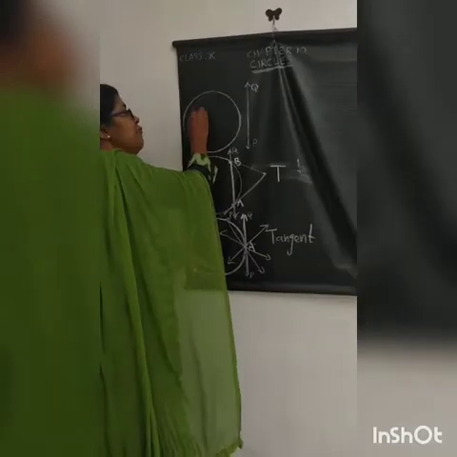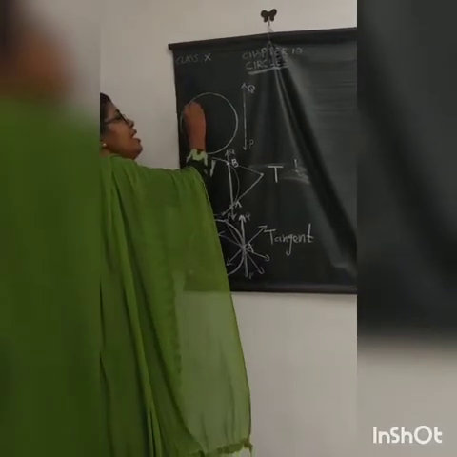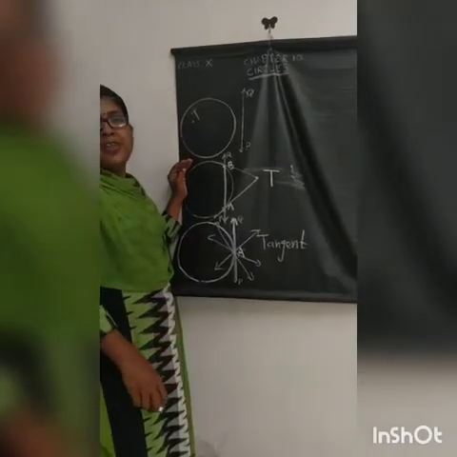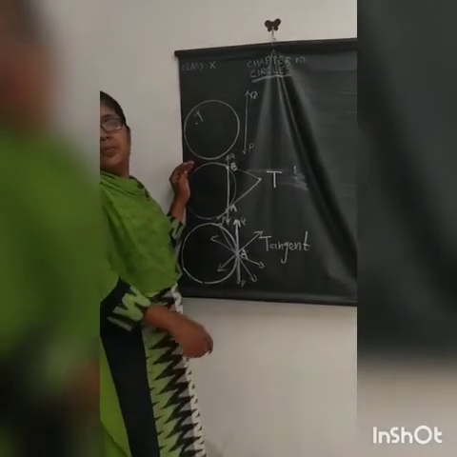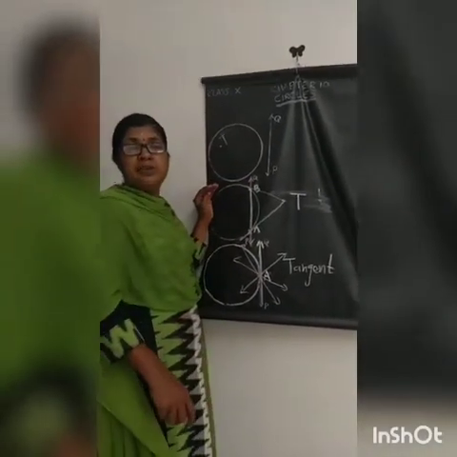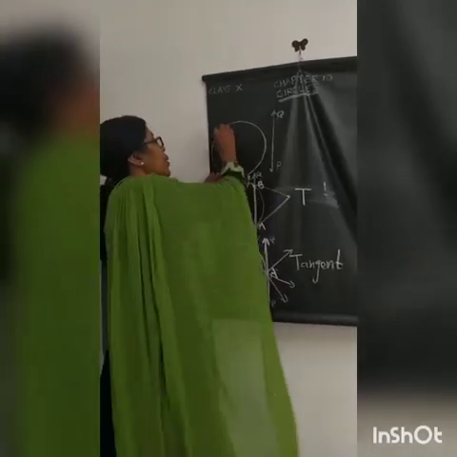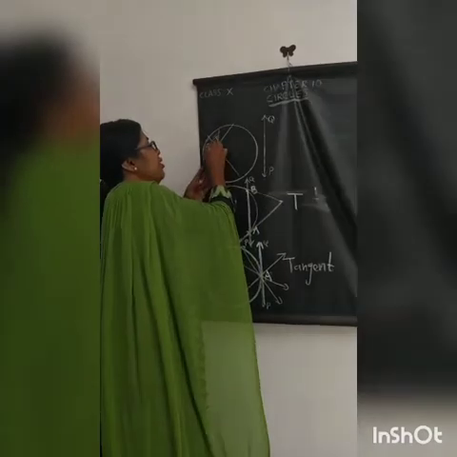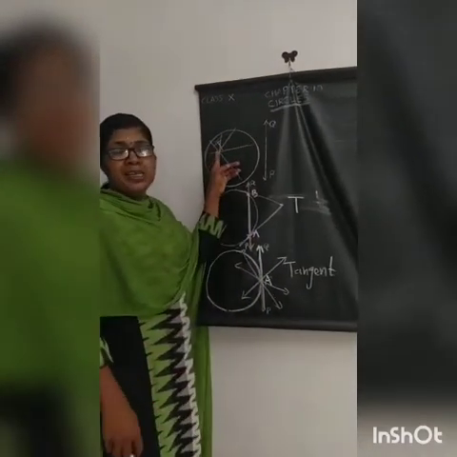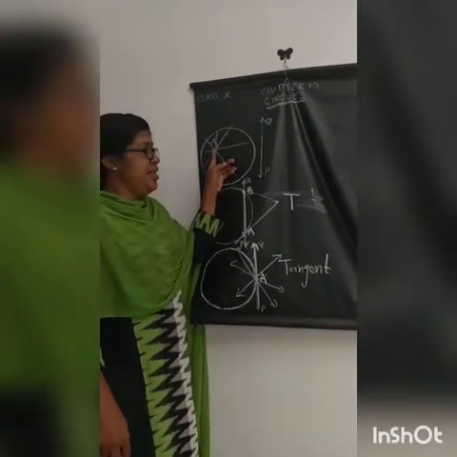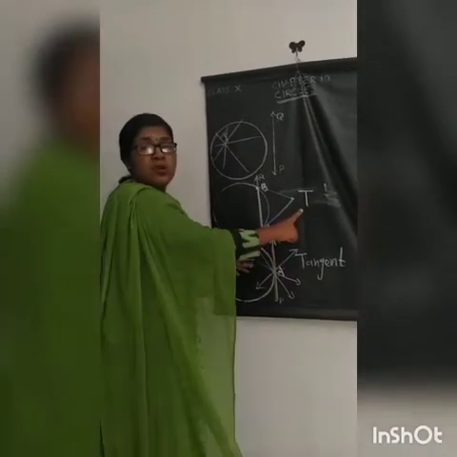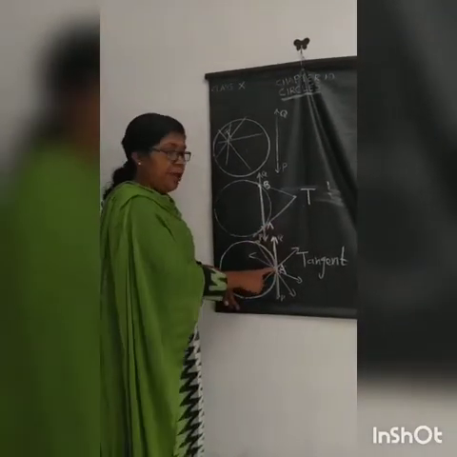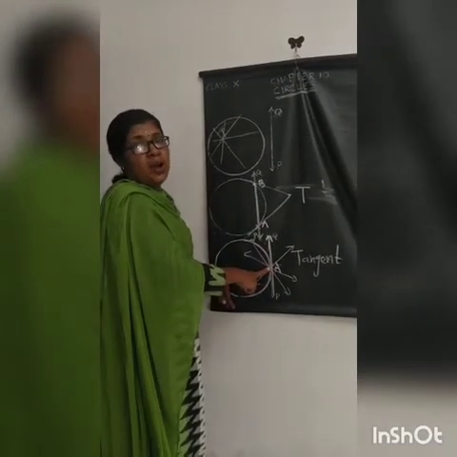Last case, if the point T is lying inside the circle, is there any tangent passing through T? No, all the lines become secants. So, if a point is lying inside the circle, there is no tangent. If a point is lying outside the circle, there are 2 tangents. If a point is lying on the circle, only 1 tangent.